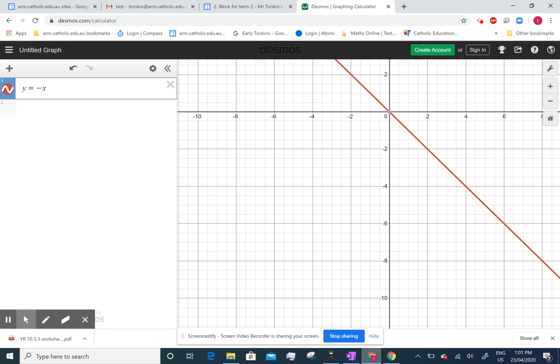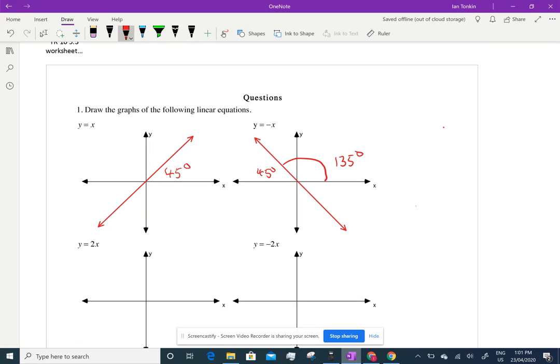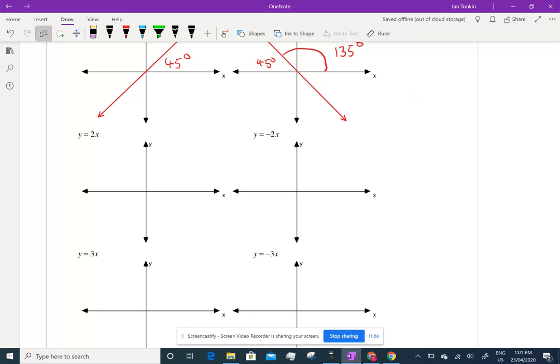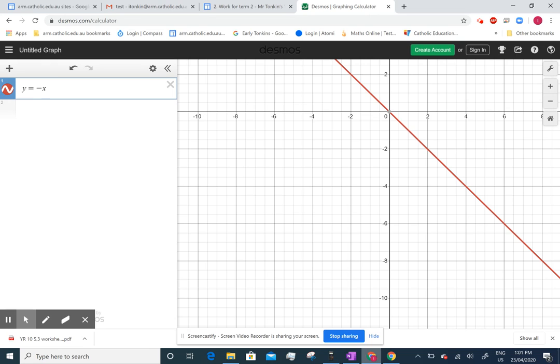Now, there's an interesting thing that you need to be able to remember, and we'll find out later when we do that. So 2x, what happens? Well, again, if we go to Desmos and we put a 2 in, there's y equals x, and we watch what happens with a 2.